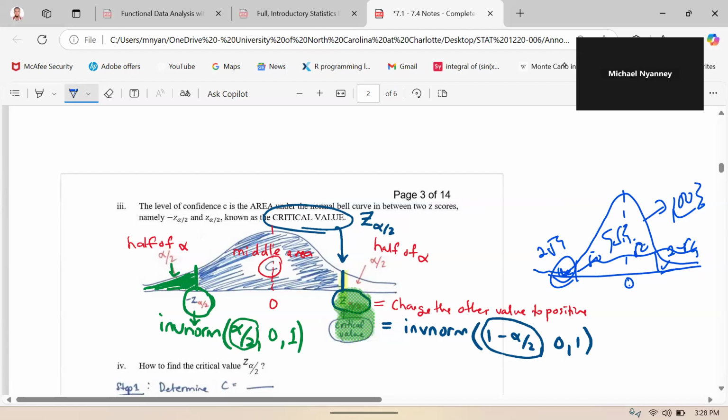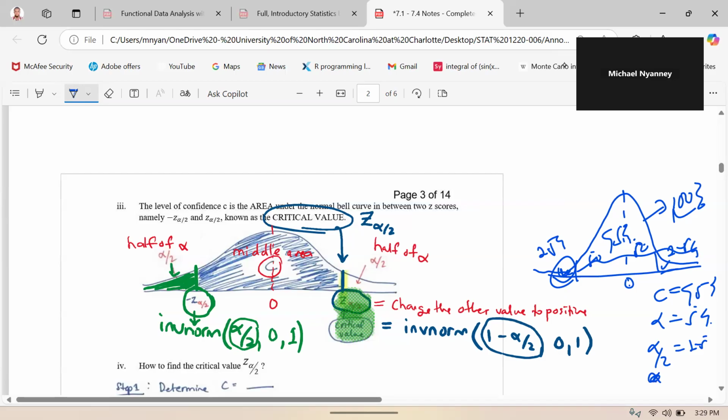Okay. All right. So my alpha, since C and alpha add up to 100%, if C is 95, my alpha is what? So if C is 95, then the alpha left is 5%. If I divide alpha over 2, then I have 2.5%. Are you okay? Then I share it between the other areas.